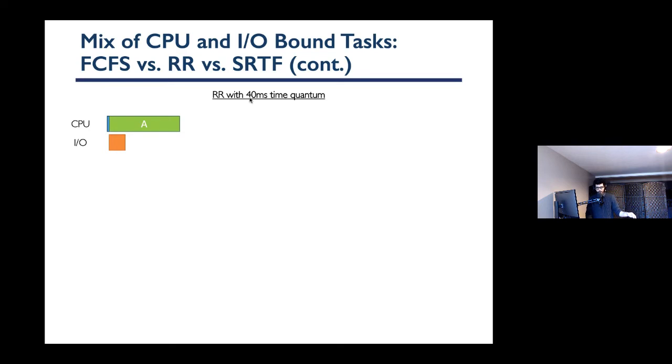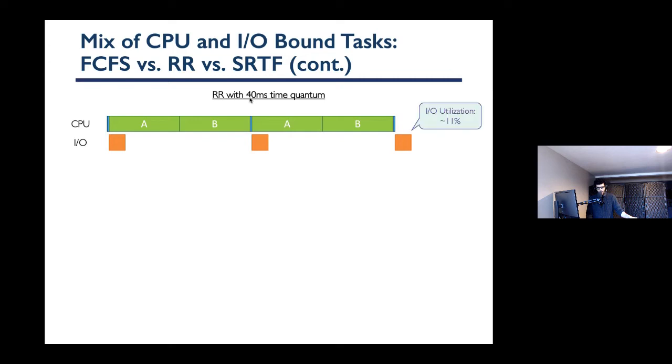Then a timer goes off and we interrupt A. Next one in line is B. So B runs for 40 milliseconds, then A, and this repeats. So if you look at CPU utilization, it's 100%. All the time we're using the CPU, but what about I/O? I/O is about 11%.